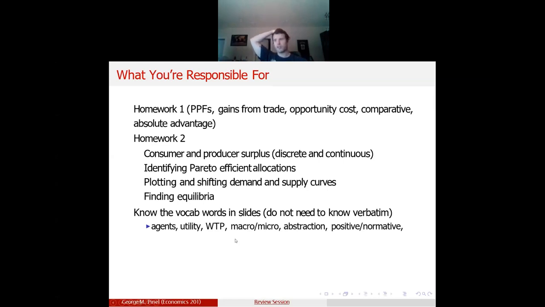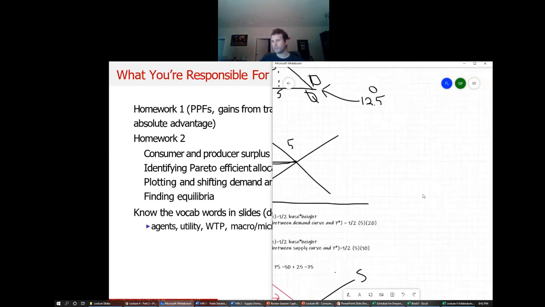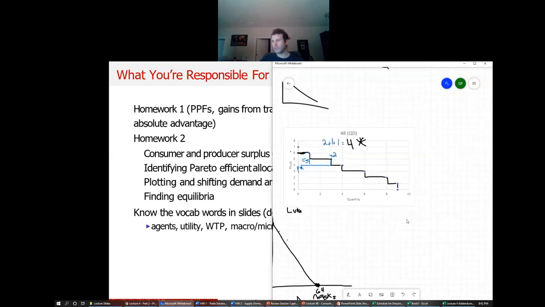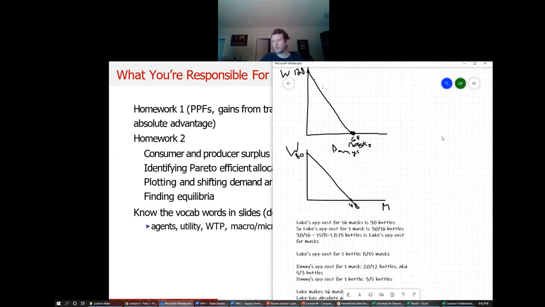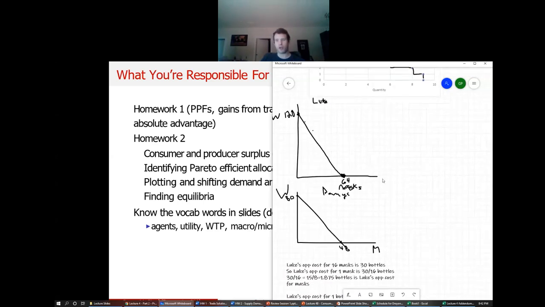so that you can apply those mathematical equations to logic. If we're looking at the Luke and Danny problem, for instance, this is a highly abstracted model where I make very many assumptions about their production patterns.